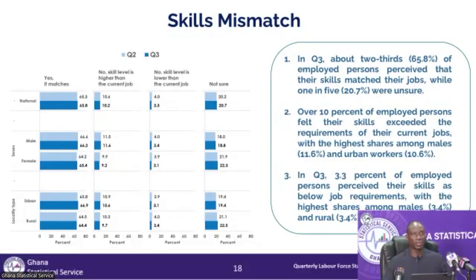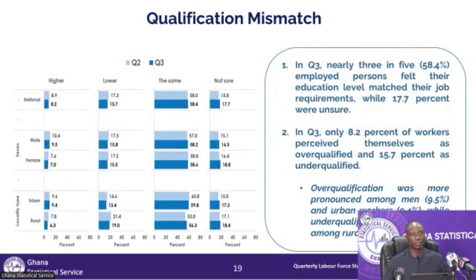Then the other related indicator we tracked was qualification mismatch. And the data shows that in Q3 of 2025, nearly 58.4% of workers felt their education matched their job requirements. Only 8.2% felt overqualified, whilst 15.7% felt underqualified.